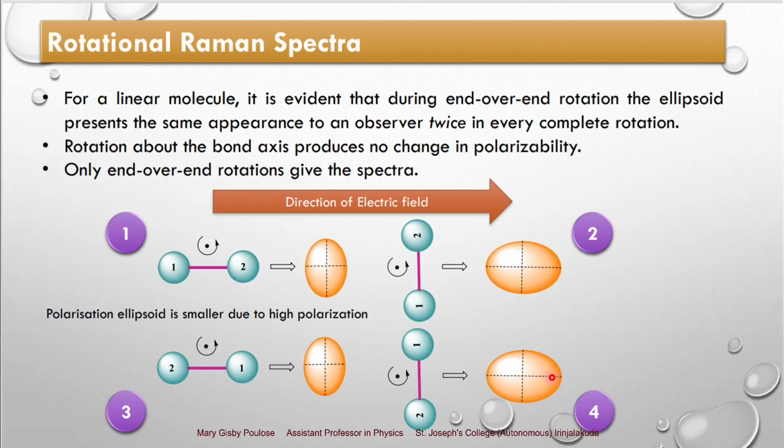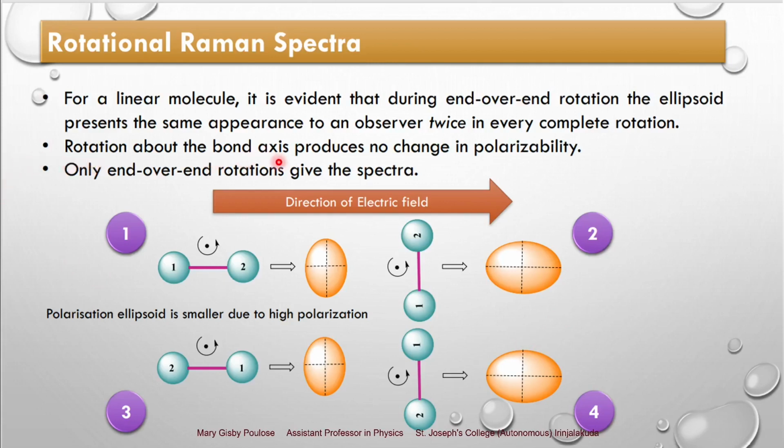Likewise, the second case and the fourth case show that the ellipsoid has the same shape, and the observer will be seeing the same shape twice in one complete rotation. This is why the selection rule delta J equal to plus 2 is taken into consideration.